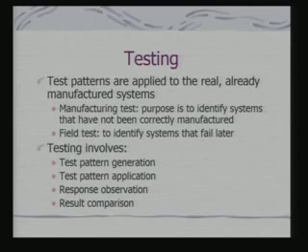Okay. So, there are two kinds of tests that products typically undergo. One is called manufacturing test, the other is field test. The purpose of the manufacturing test is to identify systems that have not been correctly manufactured, and field test to identify systems that fail later.